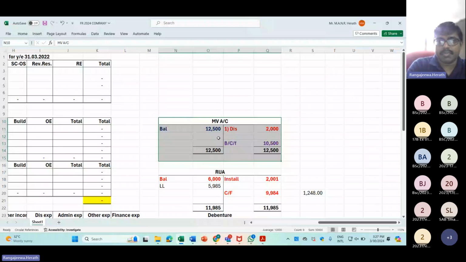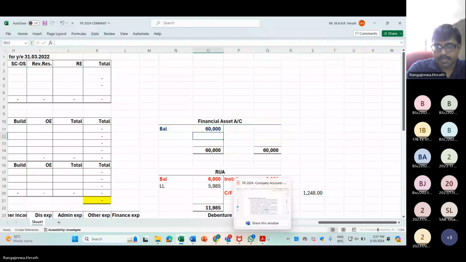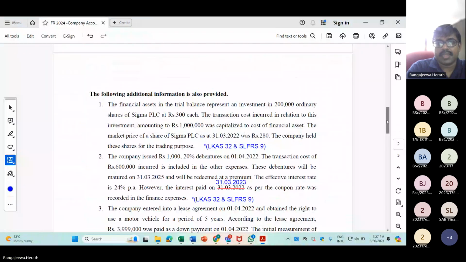Financial asset account, we have a balance of 60,000. Trial balance, we have financial asset 61,000, sorry.